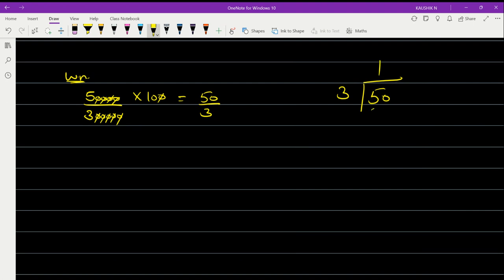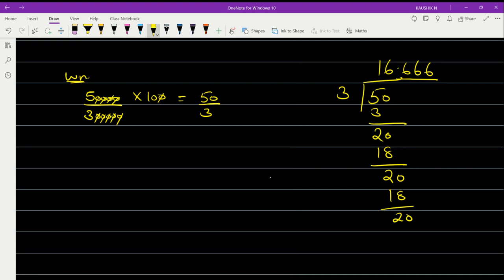So 1 time 3, 2 times 2 is a balance, so 20. So 3 6 are 18, balance 2. So nothing is there, put a 0 here. So that means point 6. So again 18. So that means it keeps going, 16.666. You have to stop up to the third decimal point. Remember very carefully, when you're doing this division, you have to stop your answer at the third decimal point.